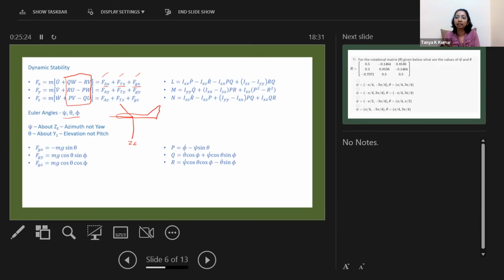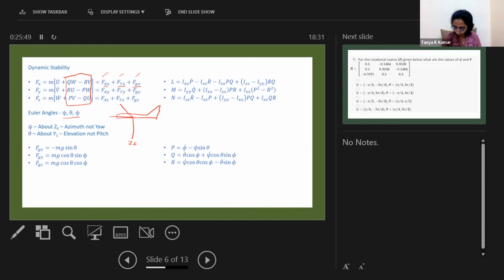Then you have a new x and new y, that is your x1, y1. When you rotate your aircraft about that new y1, that is your theta, which is elevation. It is not your pitch. Pitch is with respect to the body axis. This is with respect to the new y-axis. So do not confuse your azimuth, that is xi, with yaw, or theta with pitch. This theta is different from your pitch theta.